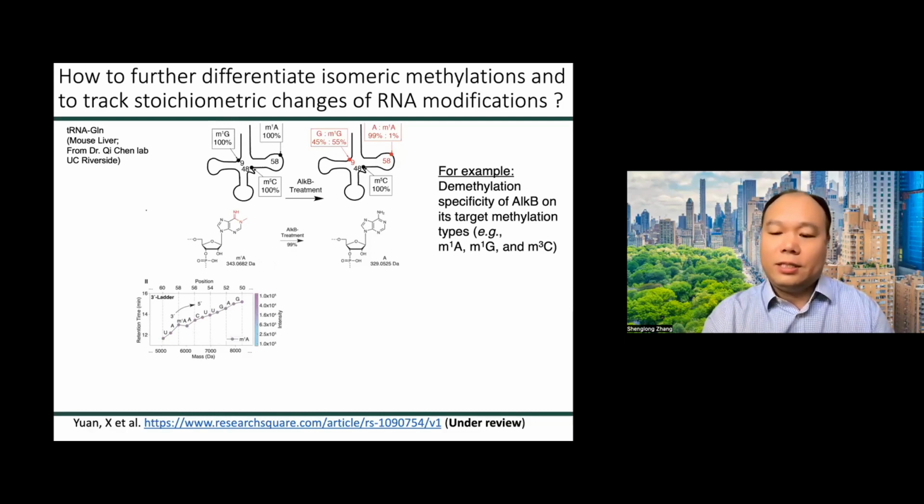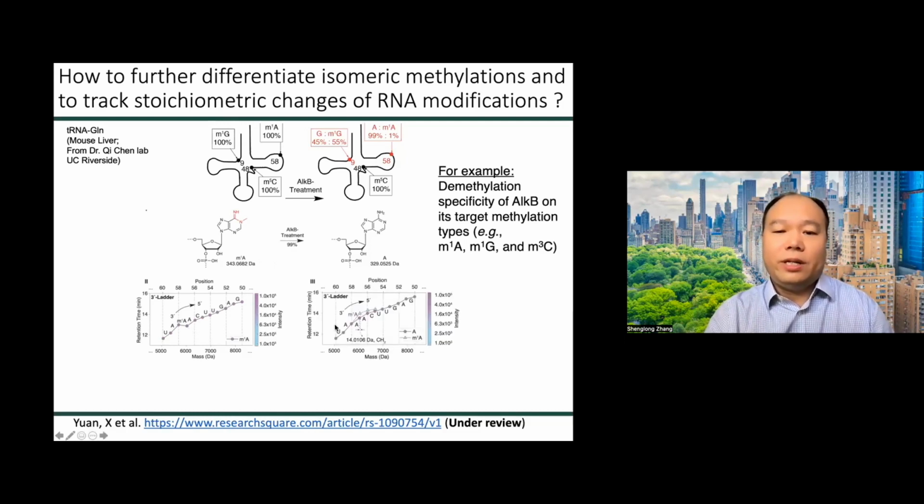But after this RKB treatment, this methylated ladder almost completely disappeared and converted to regular A ladder. So we would say this is probably m1A, not m6A. Similarly, we can also tell this is m1G at position 9 of this guanine.